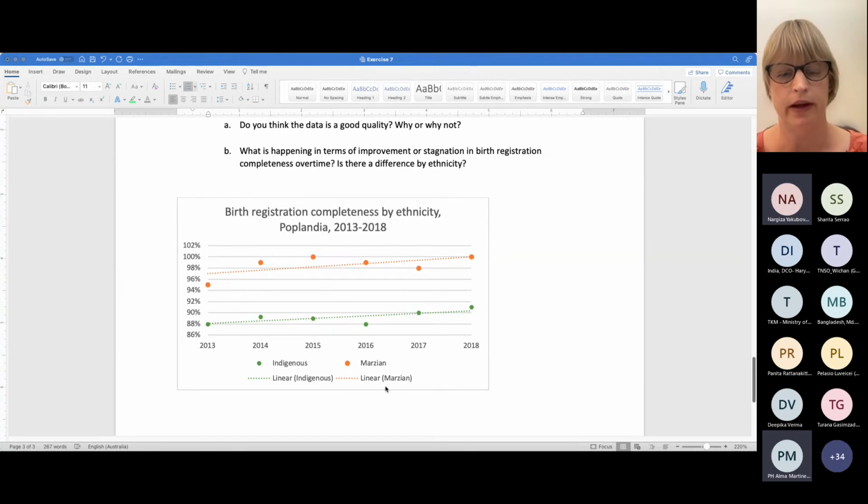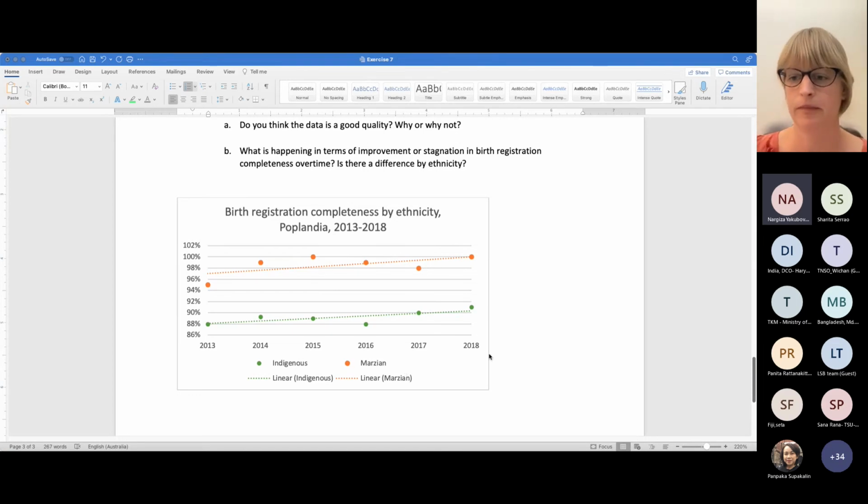Do you think it looks reliable? Do you feel pretty confident in using it to make assumptions and to inform interventions to improve registration? So we have 1 yes, 2 yeses, 3.